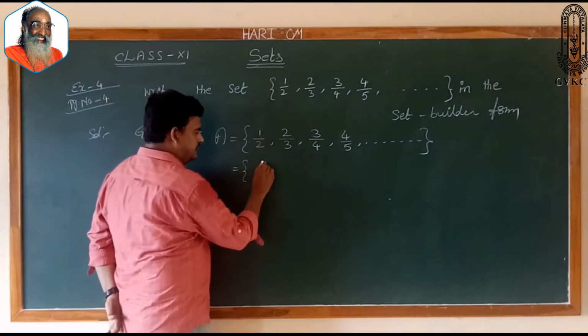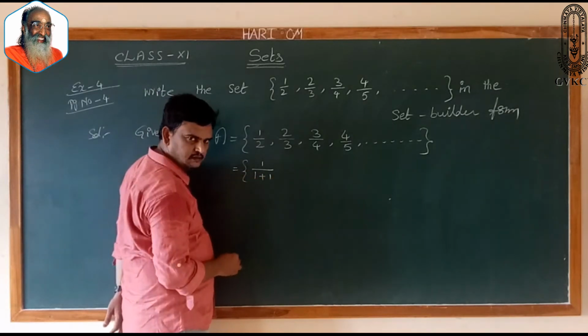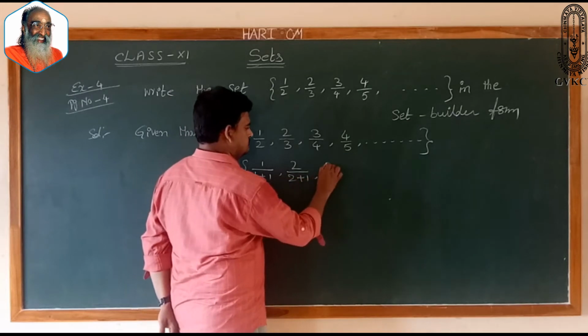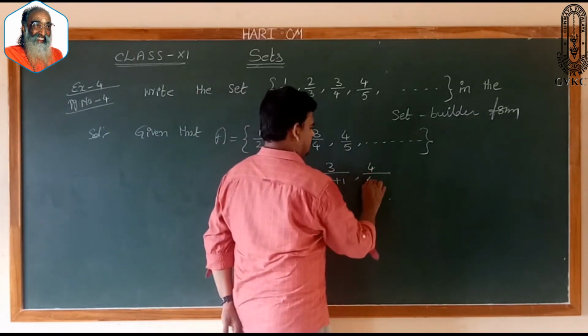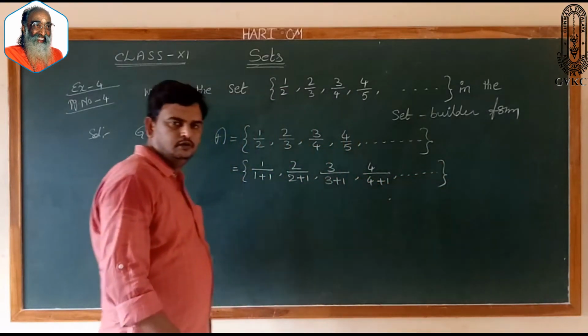So I can write 1 by 2 as 1 by 1 plus 1, 2 by 2 plus 1, 3 by 3 plus 1, 4 by 4 plus 1, and so on.